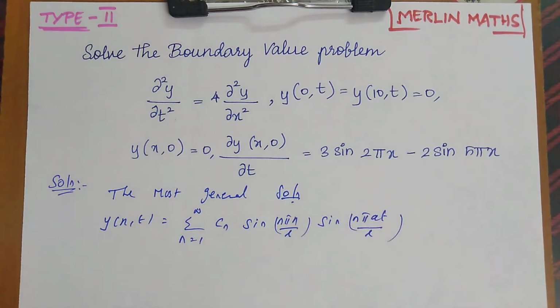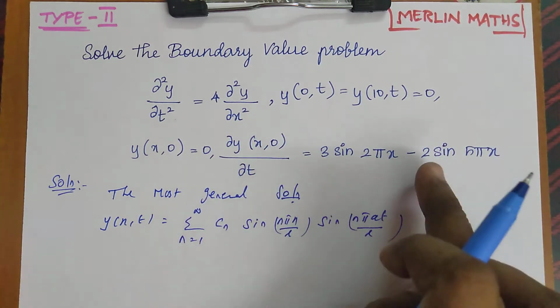Up to this, the problem is similar to the previous video lecture, so you can refer that. So now we are going to apply the boundary condition 4. This comes up to boundary condition 3. So after this step we are going to apply the boundary condition 4.